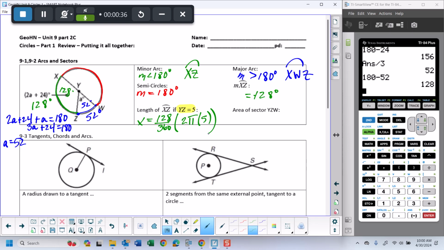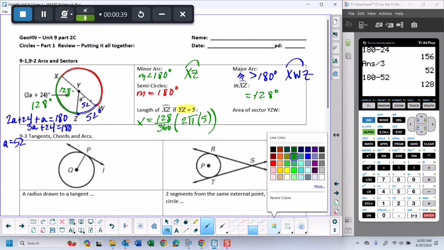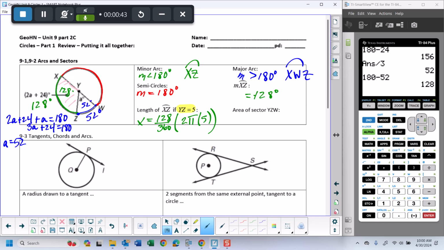If I wanted to find the area of that sector, if I want to say, okay, let's look at what the area of this sector is, it is the same exact conversation.